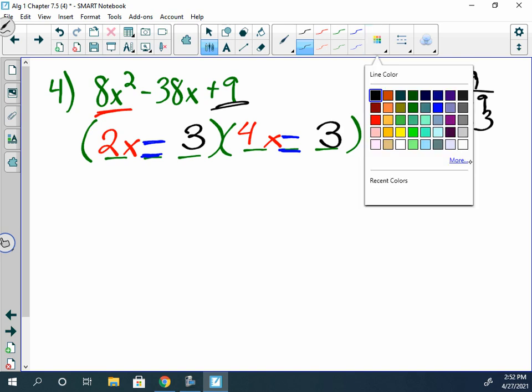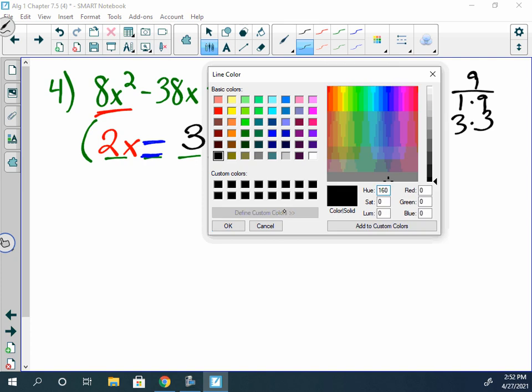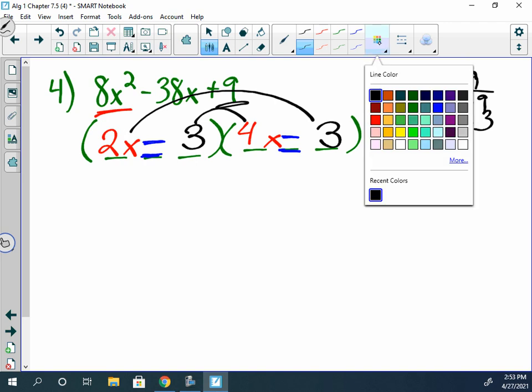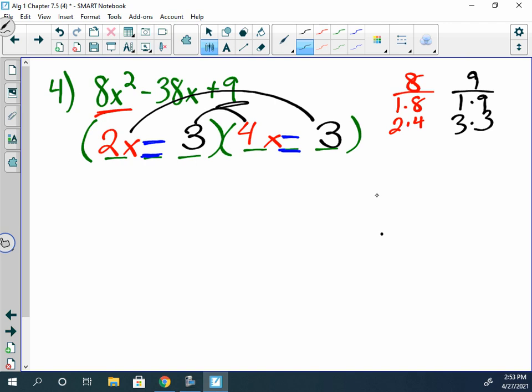Let's try 2x times negative 3, and negative 3 times 4x, which gives us negative 6x minus 12x, which is negative 18x.